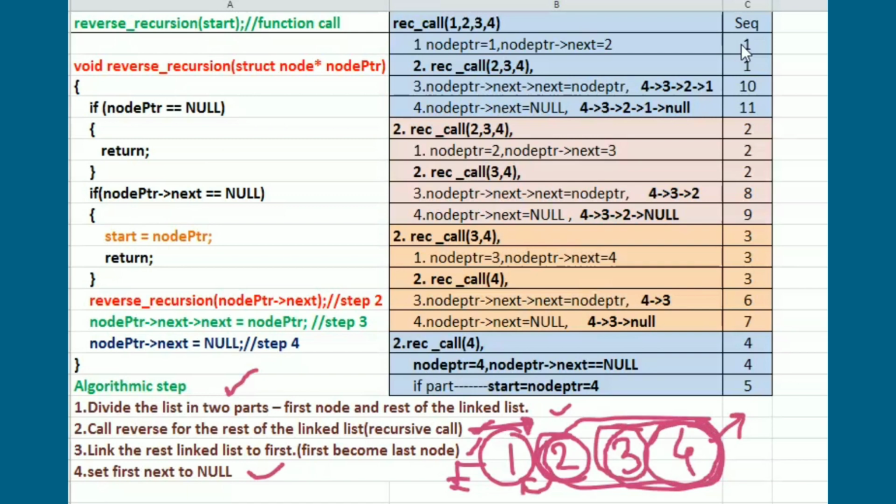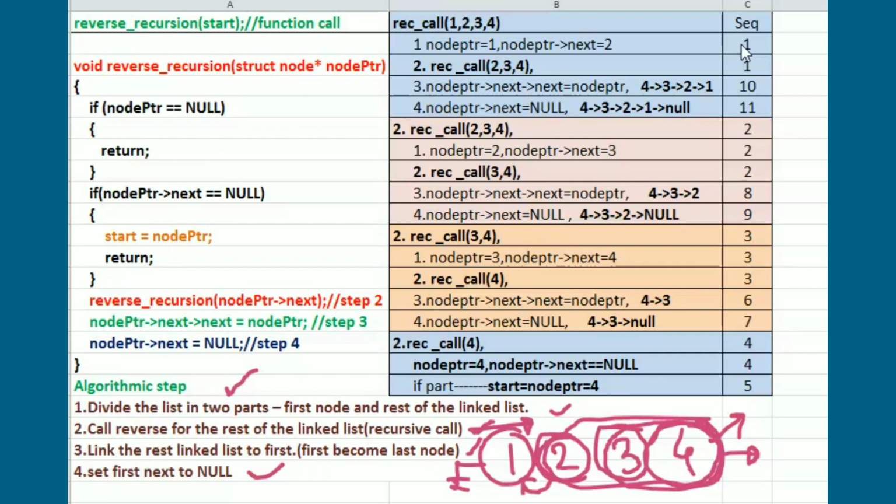When you pass 4 for a recursive call, 4 becomes the start as well as the last node of your linked list. That means you reach an individual node of your linked list, and at that moment we stop calling the function recursively and start with the reverse operation. We will combine all the results and finally we will get a reversed linked list.